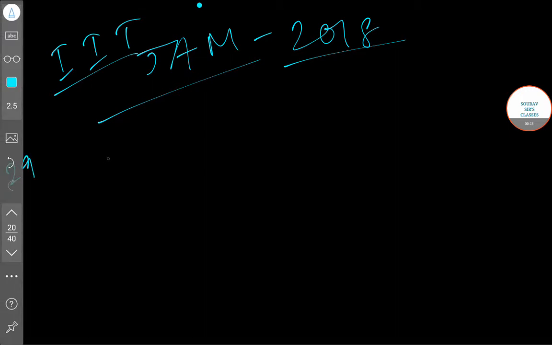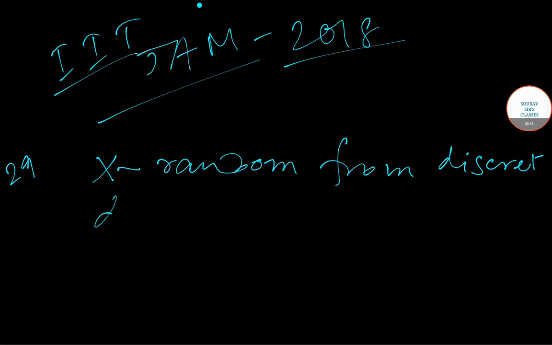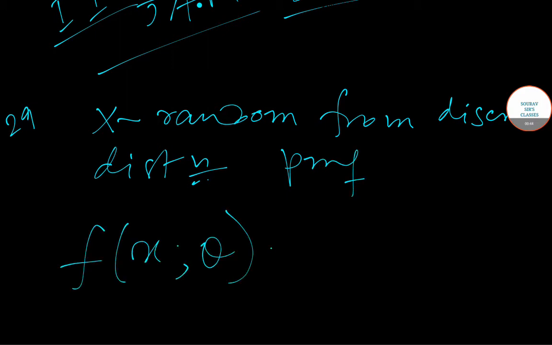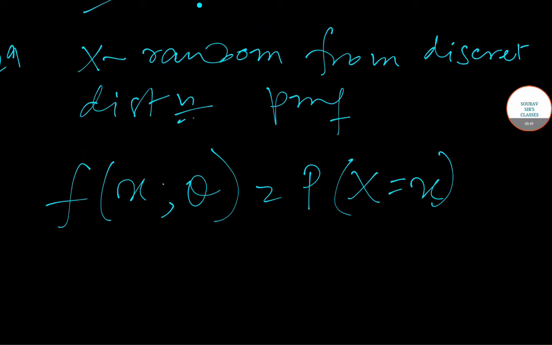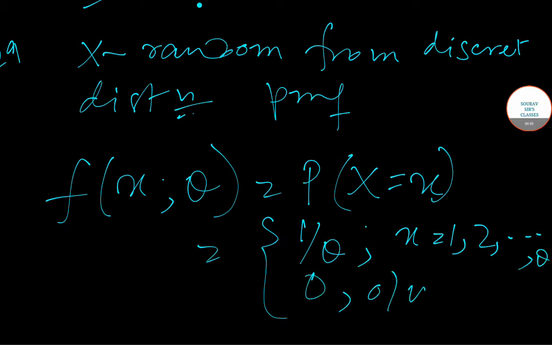Question number 29 gives us that X is a random sample from a discrete distribution with PMF f of x theta is equal to P of capital X is equal to small x is equal to 1 by theta, given x equals 1, 2 and so on up to theta, and 0 otherwise.